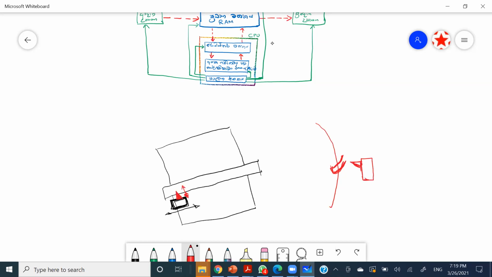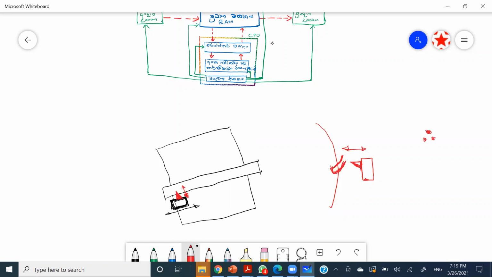Right? So it hits in this direction, and it hits on the ribbon. That ribbon is a carbonized ribbon. So when it happens in that manner, a character is made in this particular manner.